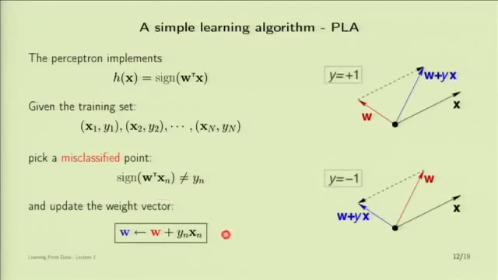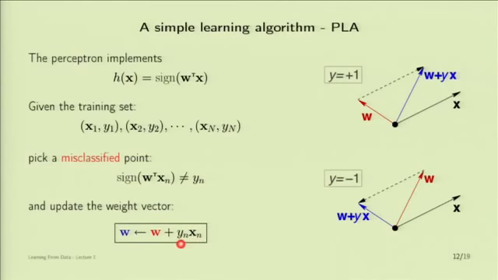So being misclassified means that either they are this way, and the output should be -1, or it's this way, and the output should be +1. That's what makes it misclassified, right? Okay, so if you look here, at this formula, it takes the old W and adds something that depends on the misclassified point, both in terms of the xn and yn.